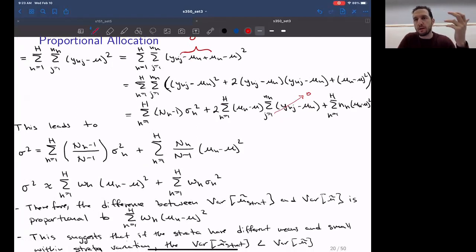And this is sort of the same idea as when you would expect to see rejection of an ANOVA null hypothesis. So we know that effectively we reject an ANOVA null hypothesis when the between group variation, so the distance between the groups, is much larger than the distance between observations within a group.